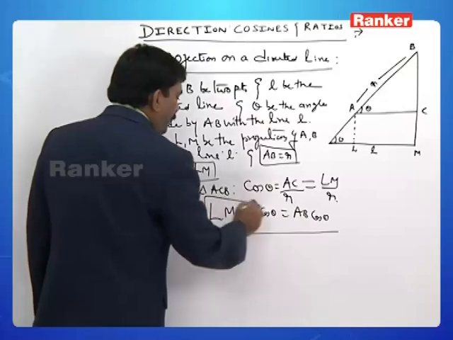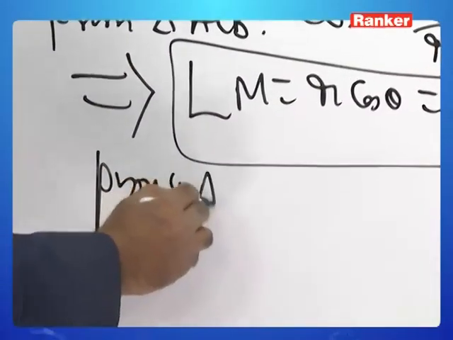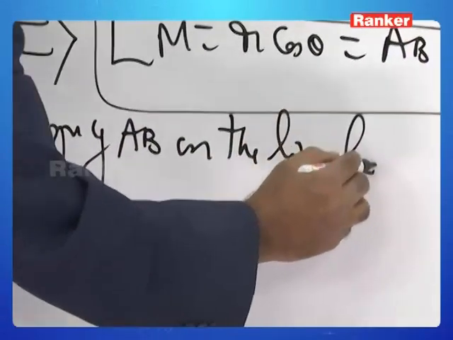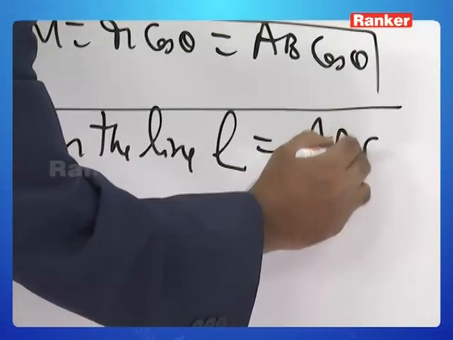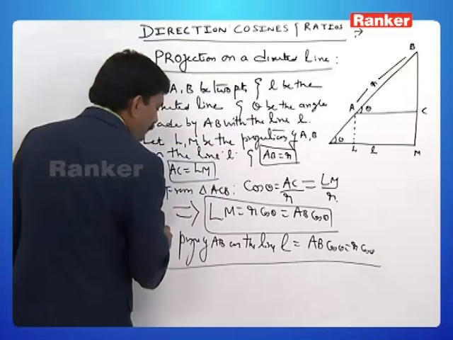So the projection of AB on the line L is equal to AB into cos theta, or R into cos theta.